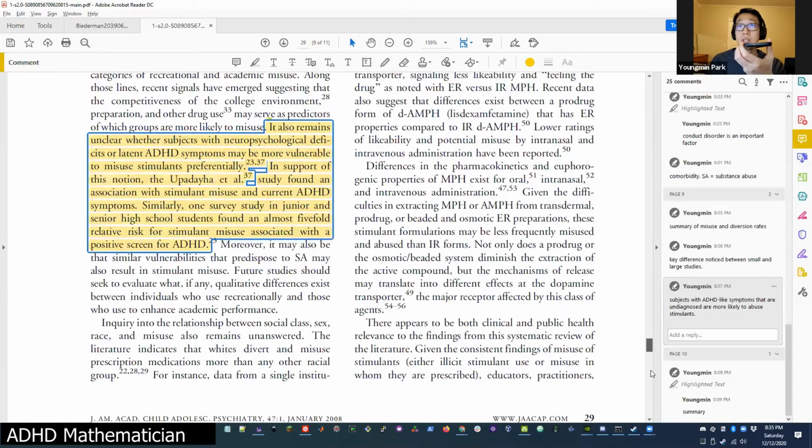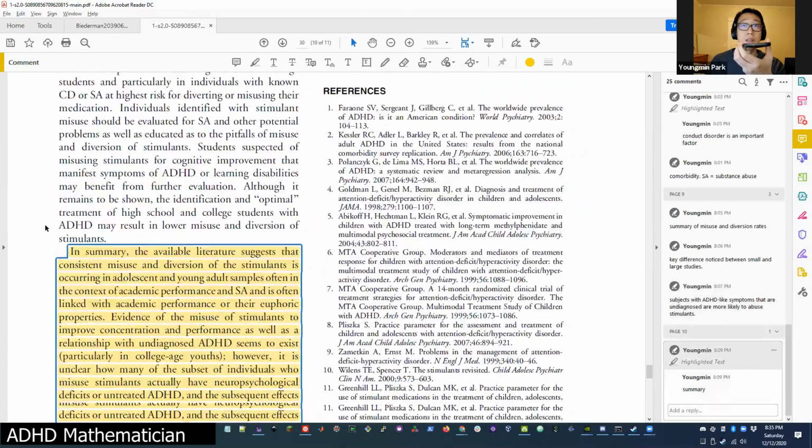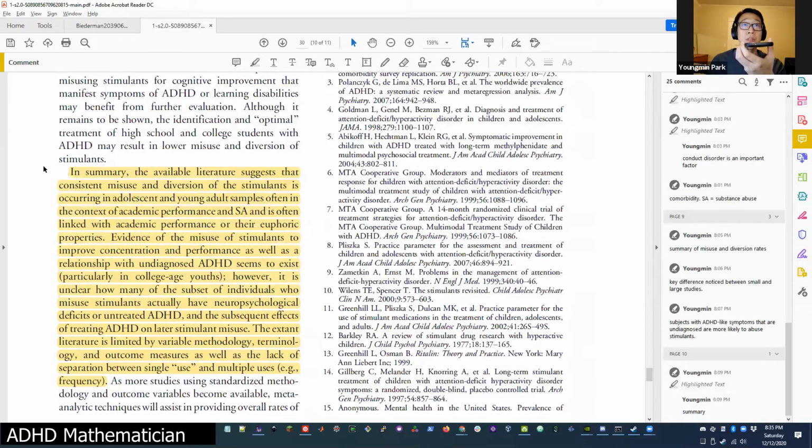So that was in some studies, and then finally, to conclude, in summary, the available literature suggests that consistent misuse and diversion of the stimulants is occurring in adolescent and young adult samples, often in the context of academic performance and stimulant abuse, and is often linked with academic performance or their euphoric properties. Evidence of the misuse of stimulants to improve concentration and performance, as well as a relationship with undiagnosed ADHD, seems to exist, particularly in college-age youths.